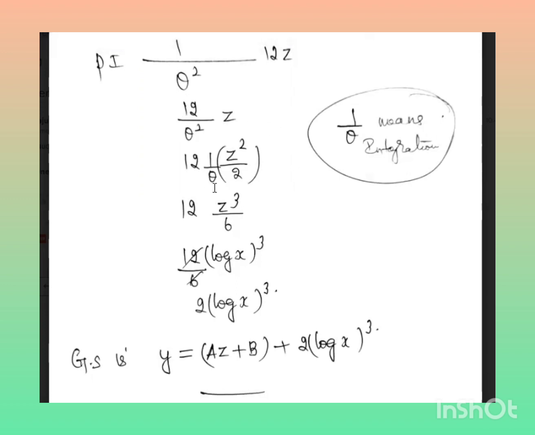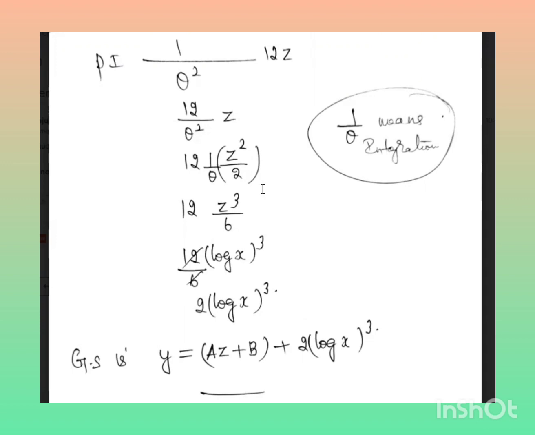So 12, first one time you have to integrate z, which gives z square by 2. So 12 into 1 by theta z square by 2. Z square by 2 again you have to integrate, because 2 times you have to integrate.